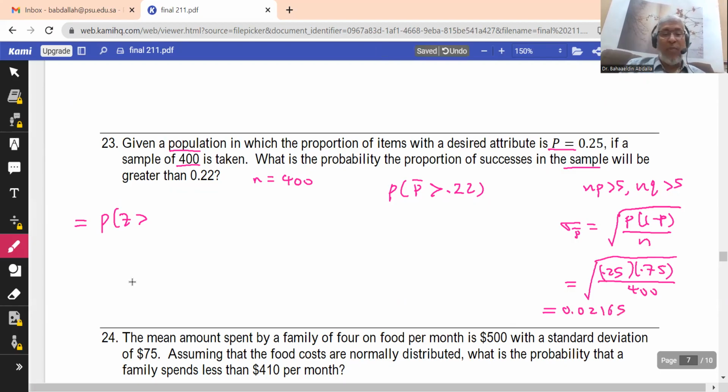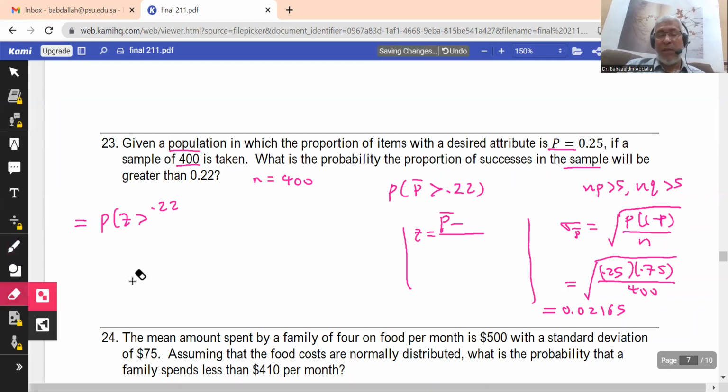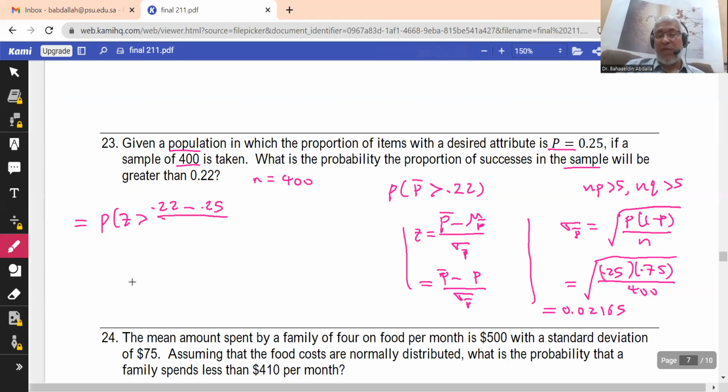So here I'll have 0.22. The formula to change to Z is Z equals P bar minus mu P bar over sigma P bar, where mu P bar is P. So 0.22 is P bar, minus P, which is 0.25, over the standard error, which is 0.02165.